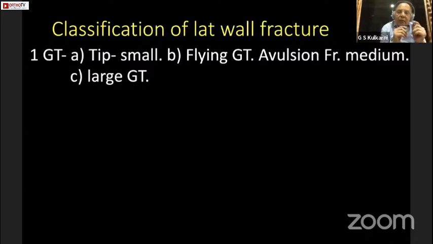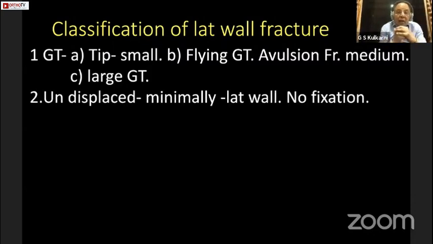One is the tip, very small, which does not require any fixation. The flying GT, or avulsion of the greater trochanter, definitely requires fixation, and a large GT. Undisplaced, minimally displaced lateral wall fracture, no fixation is required.